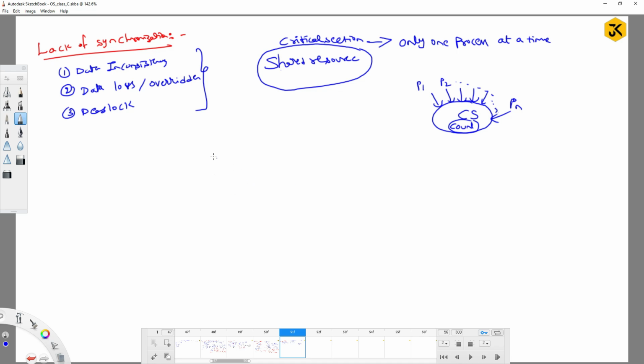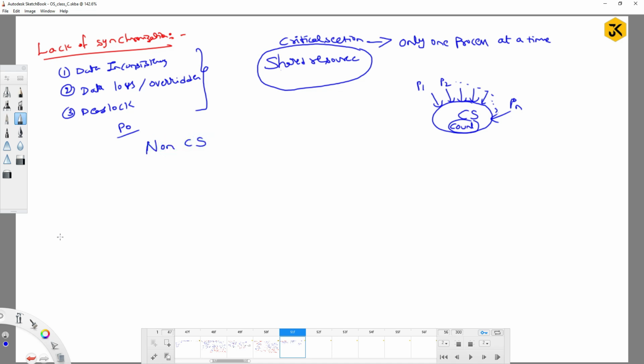Now, how many critical sections will there be in a particular program? There might be n number of critical sections, depending upon the program you have written. A process P0 can also contain a non-critical section.